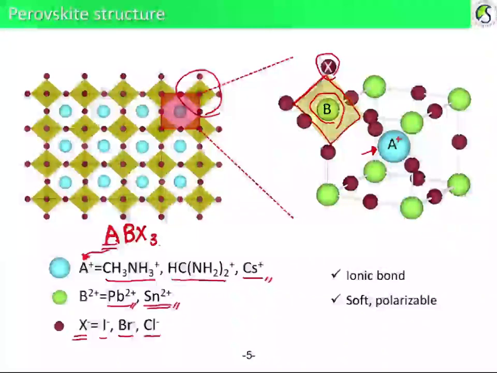For understanding of the physical and chemical properties of this perovskite material, we should know the chemical bonding properties of the perovskite material. In contrast to the conventional silicon material, which consists of covalent bonds, this perovskite material consists of ionic bonds, and the lattice has a soft and polarizable nature.